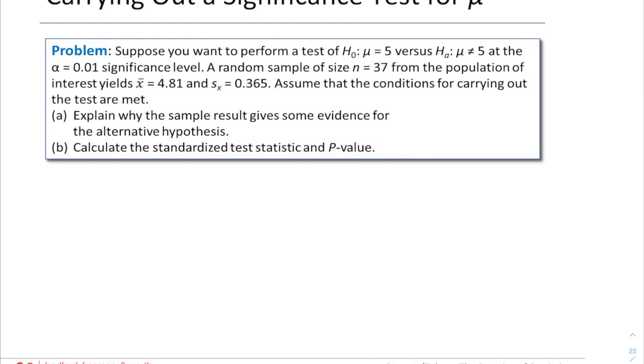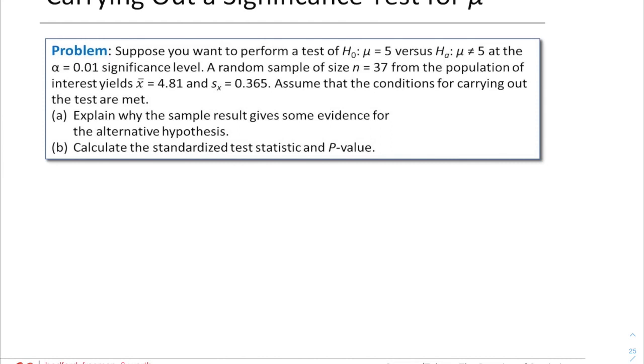All right, so suppose we want to perform this test where the claim is equal to 5 versus the alternative is not equal to 5 at the alpha 0.01 significance level. We have a sample of 37, x bar is 4.81, and the sample standard deviation is 0.365. Assume the conditions are met.